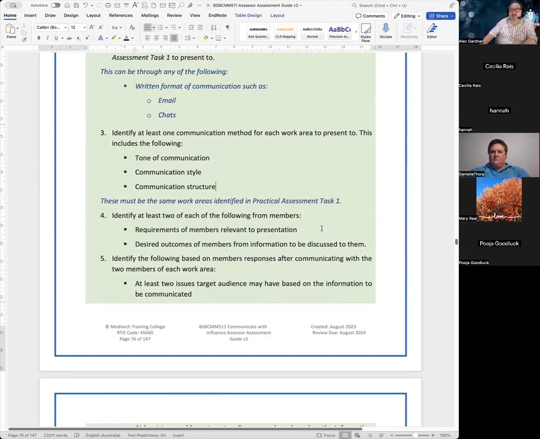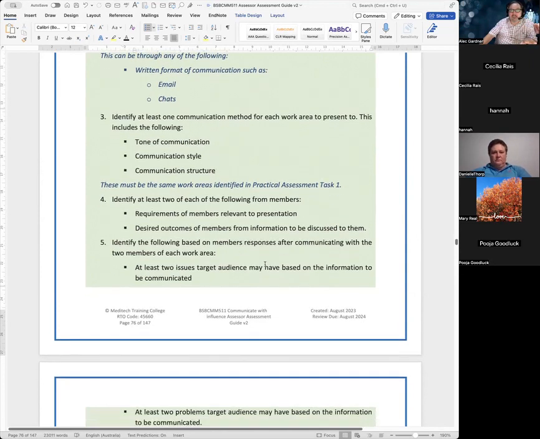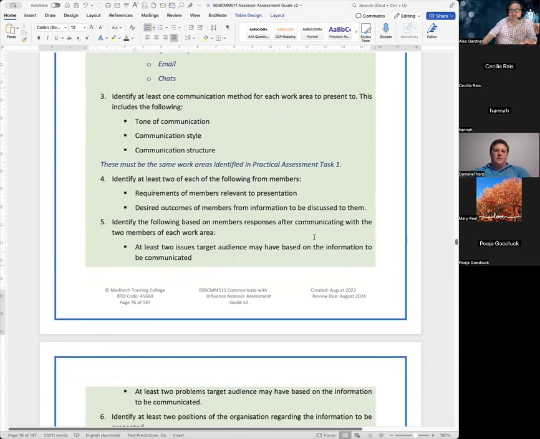Identify at least 2 of each of the following. Requirements of members relevant to the presentation. So if they're in the meeting, what's their relevancy for being there? Desired outcomes of members from information to be discussed. So one of our outcomes is going to be the information. Identify the following based on members' responses after communicating with the 2 members of each work area.